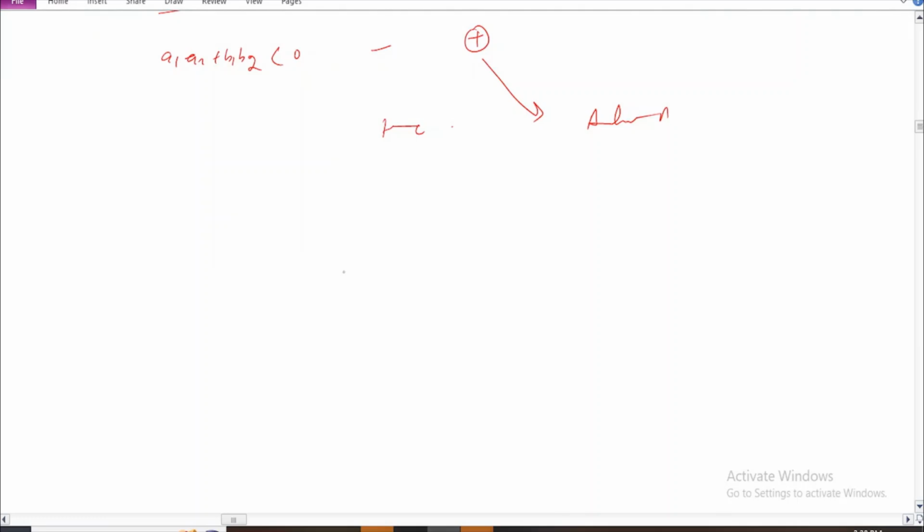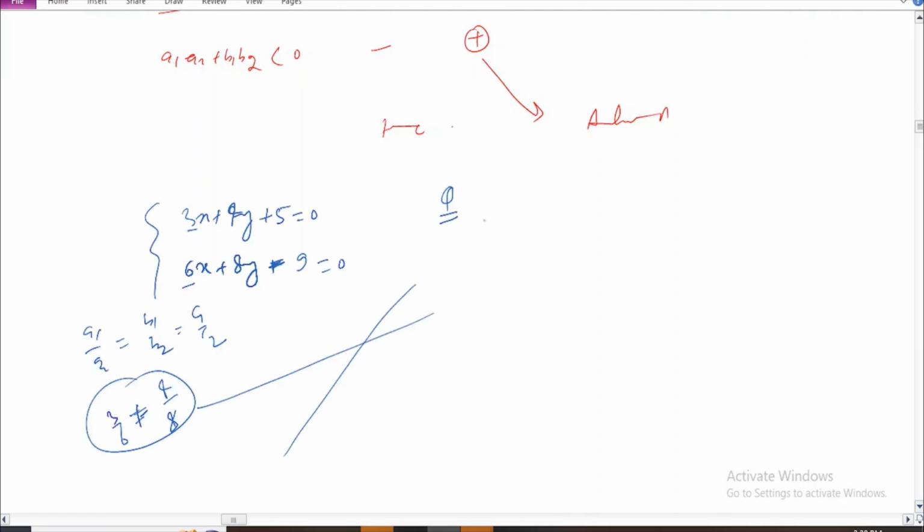Let's see an example. Suppose 3x plus 4y plus 5 equal to 0, and 5x plus 12y plus 6 equal to 0, right? So these are the intersecting lines. Now the question is, which one is the obtuse angle bisector and which one is the acute angle bisector, right?